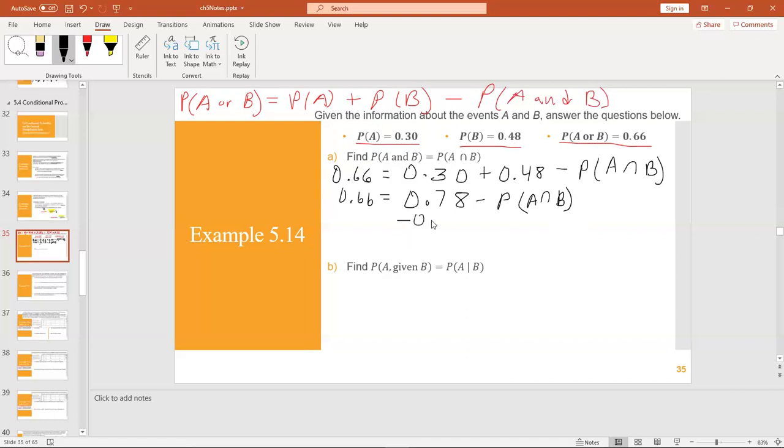Then we're going to subtract 0.78 from both sides. So 0.66 minus 0.78 is negative 0.12.